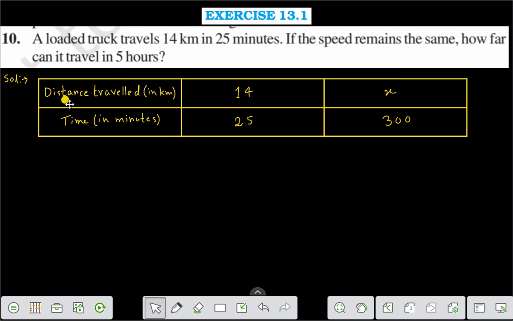Here you see, the distance traveled and the time are in direct proportion, because if the time increases, the distance traveled will also increase, right?